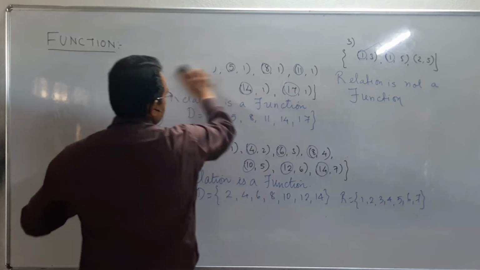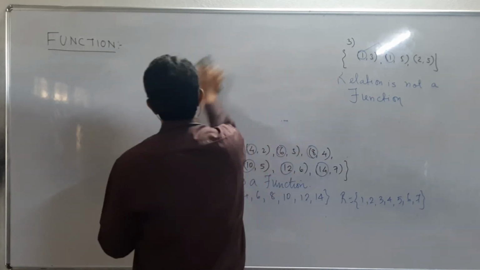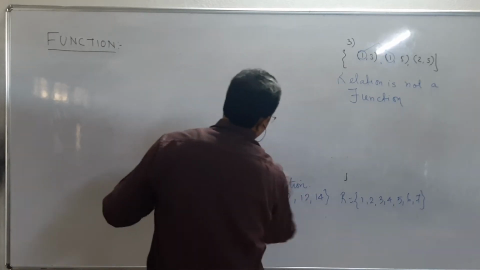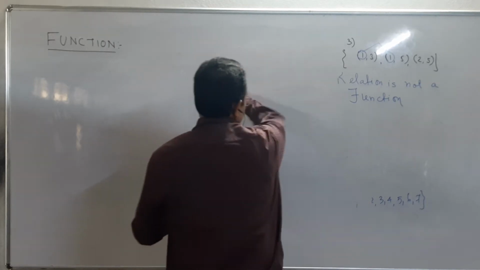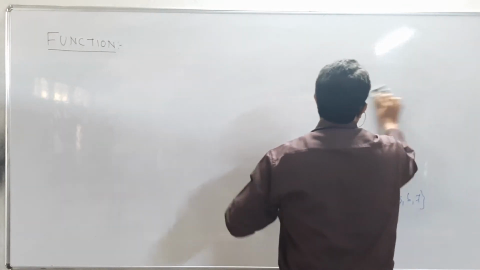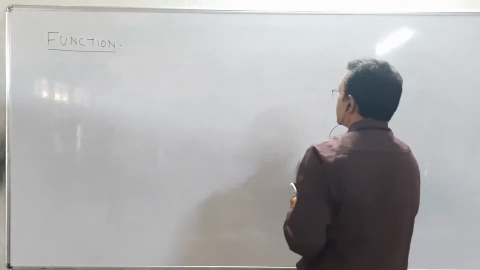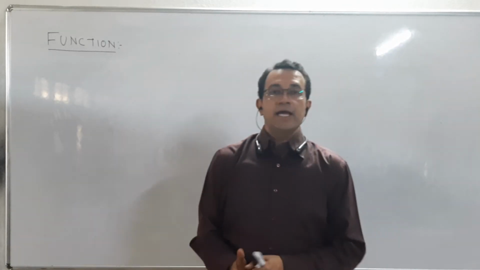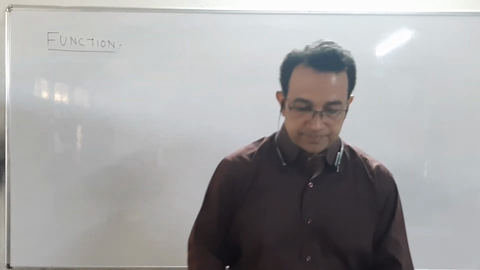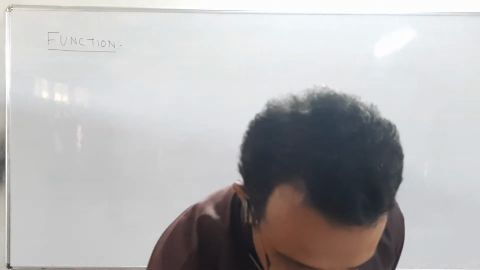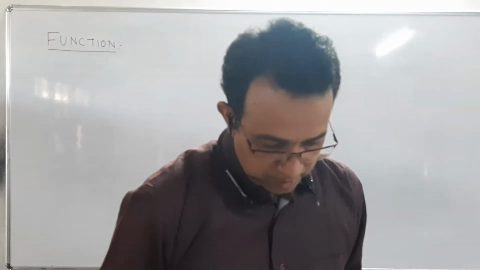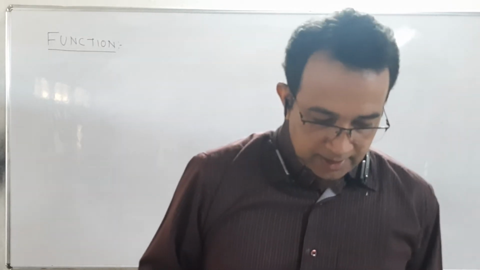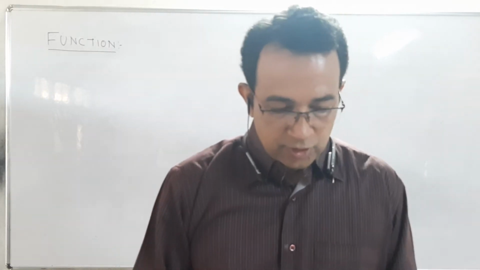So this is very easy. In the ordered pair representation of a function, students, the first element can never be repeated. The second element can be repeated any number of times. Okay, now students, third question I am doing, and then fourth question.